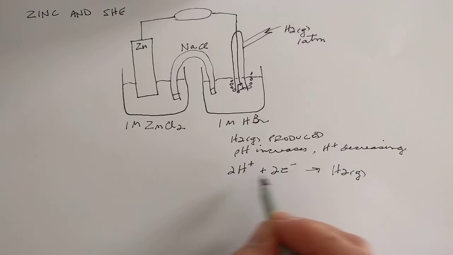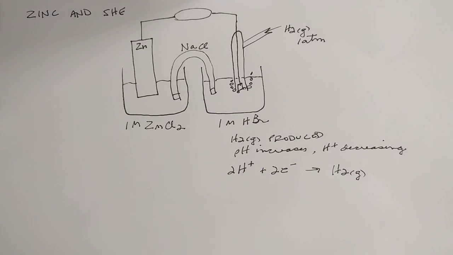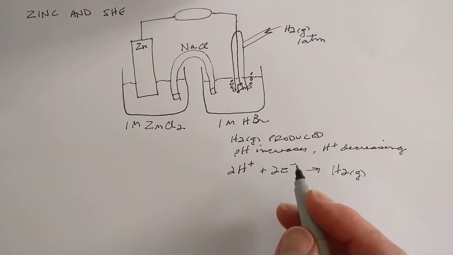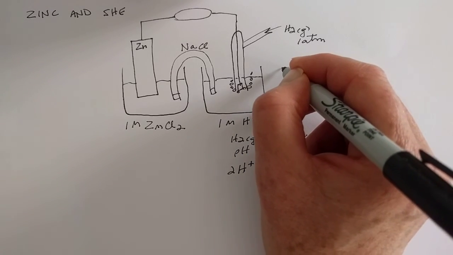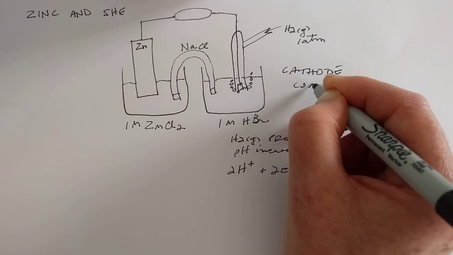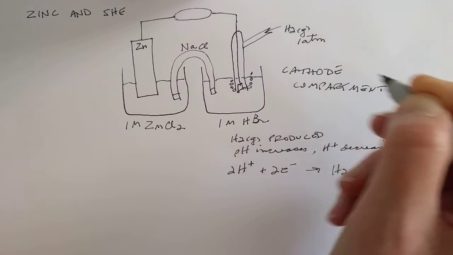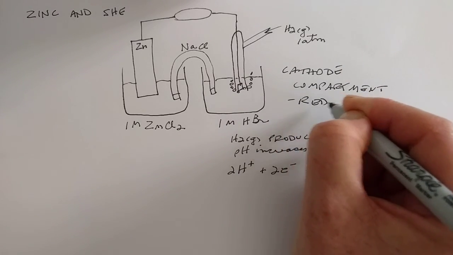So we have the reduction occurring, and we can tell by the bubbles and the fact that the pH is changing. So that means that this is our cathode compartment, where we have reduction.